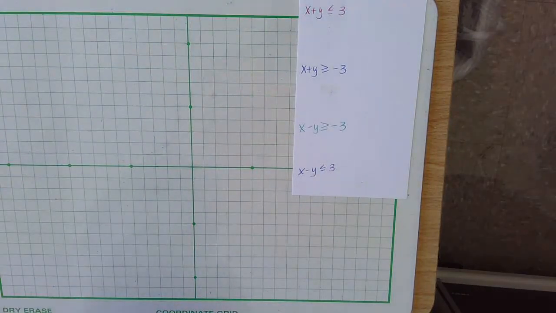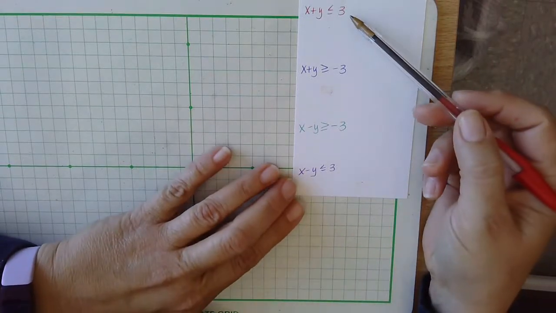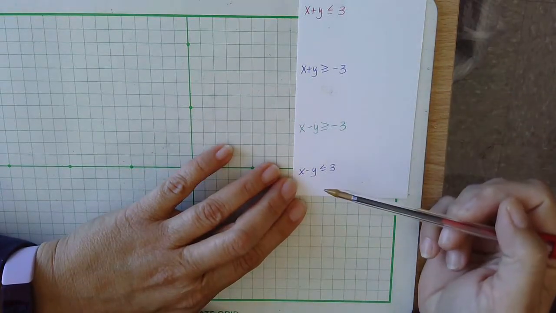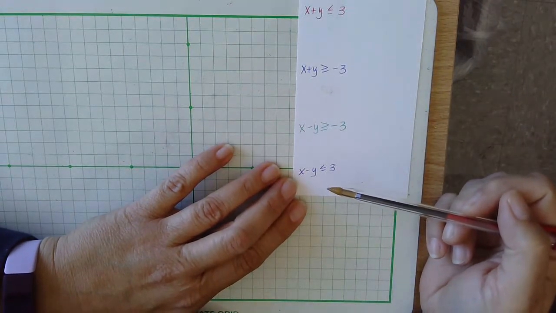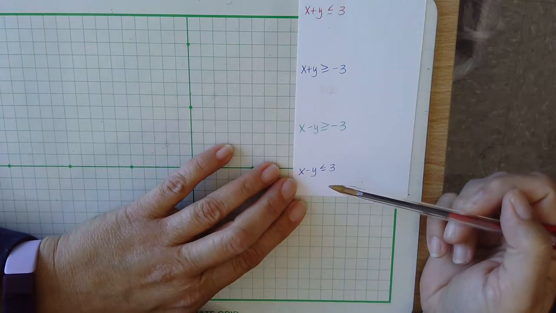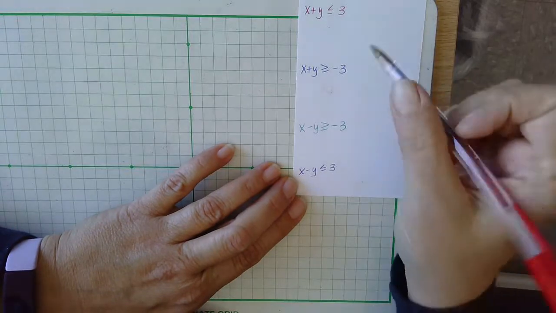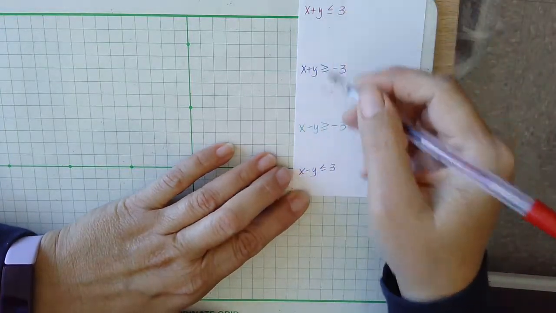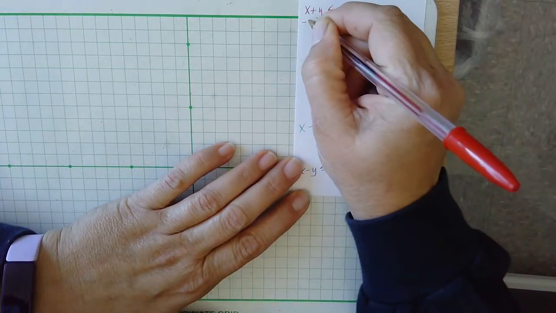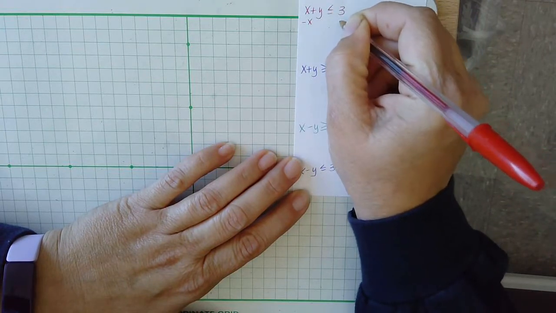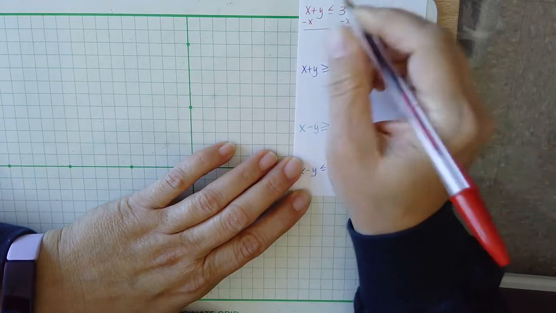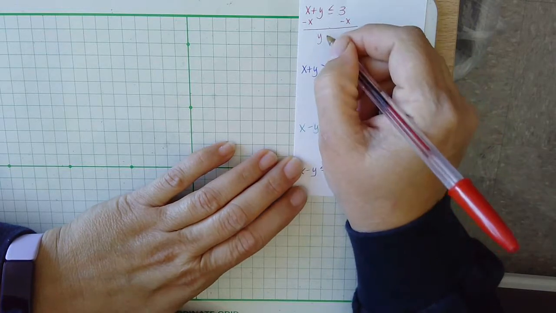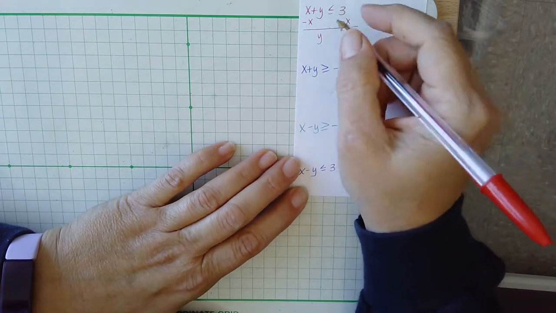For my third example, I'm going to graph the system of 4 inequalities. And notice that they're not written in slope-intercept form, so they need to be rearranged so they'll be easier to graph. In each example, I'm going to subtract x to rearrange the inequality.